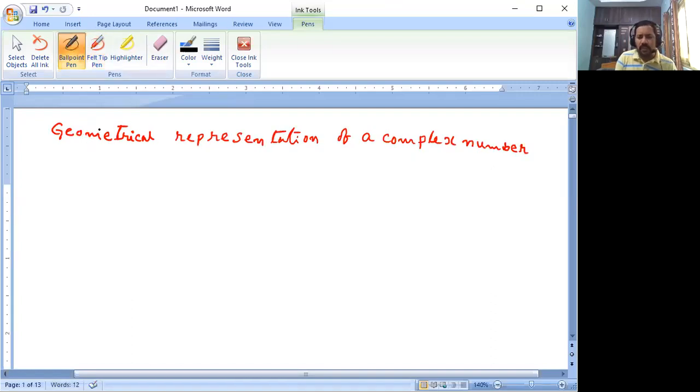Now, take one complex number, that is z is equal to x plus iy. x is called the real part, y is the imaginary part. This we can write as an ordered pair also. Now, the complex number can be represented in the coordinate system.